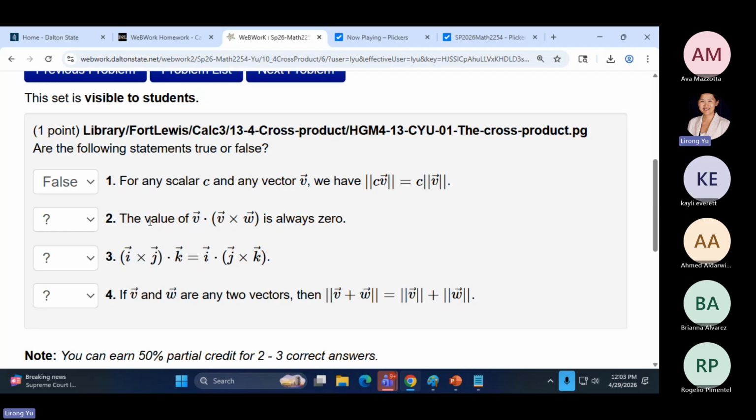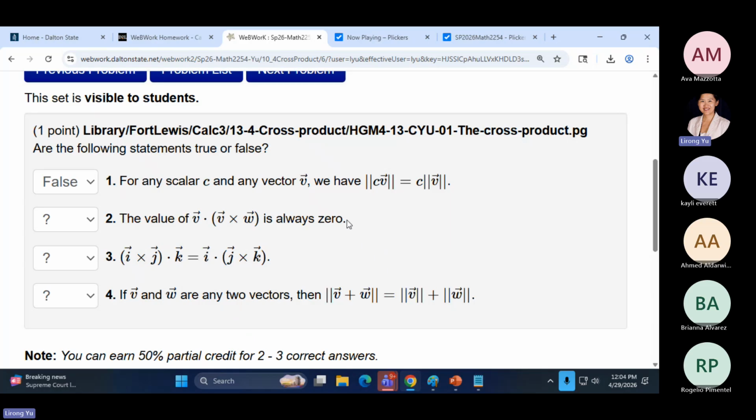The second statement says the value of V dot (V cross W) is 0. True or false? That's a dot product, right? A dot product will equal 0 if they are perpendicular.